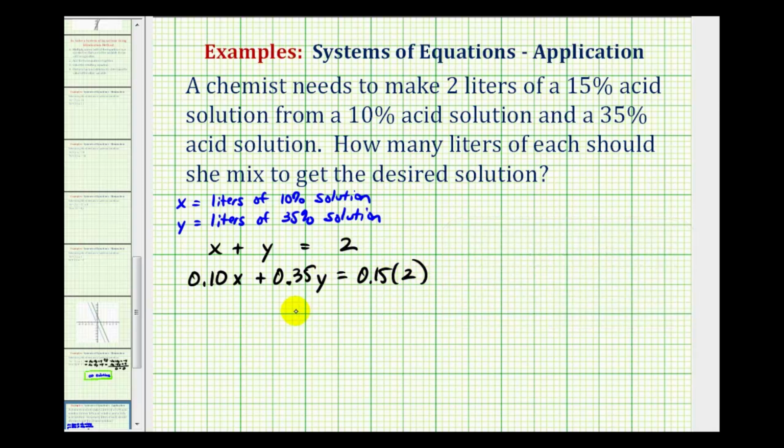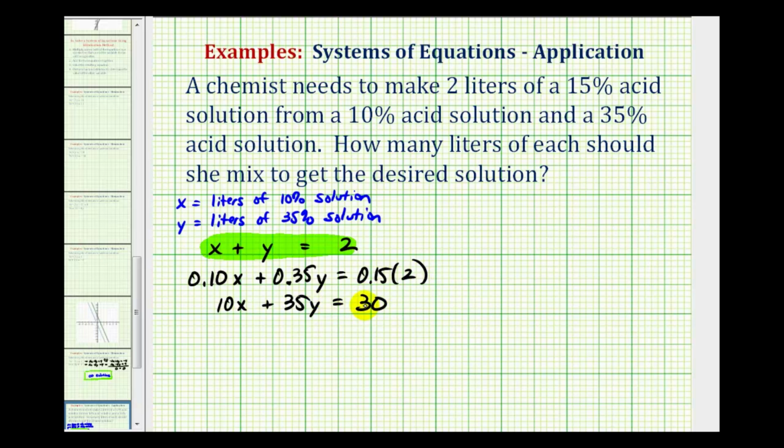So here's our system of equations that we have to solve. The form of the first equation will be good to work with, but let's transform the second equation before we solve the system. Let's start by eliminating the decimals. If we multiply everything by 100, it's the same as moving the decimal point to the right 2 places. So we can write this as 10x plus 35y equals, and this would be 15 times 2, which is equal to 30.